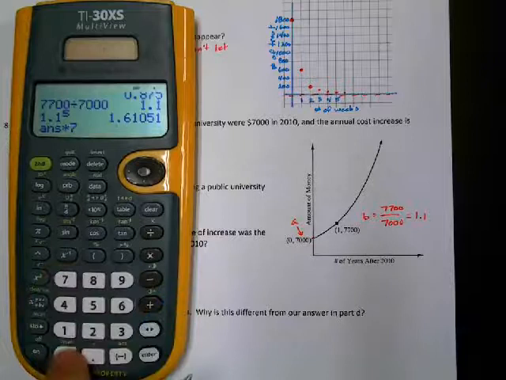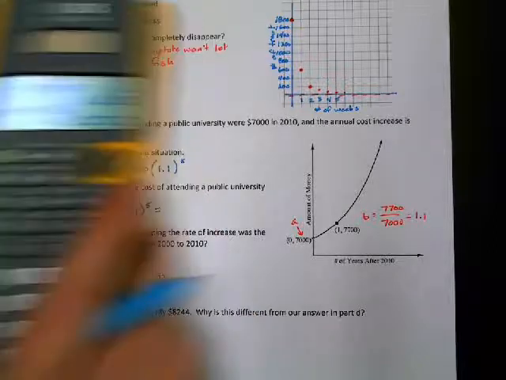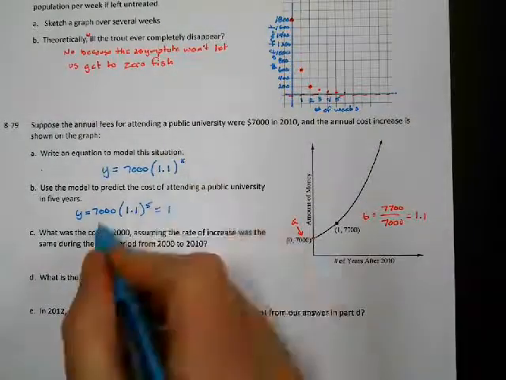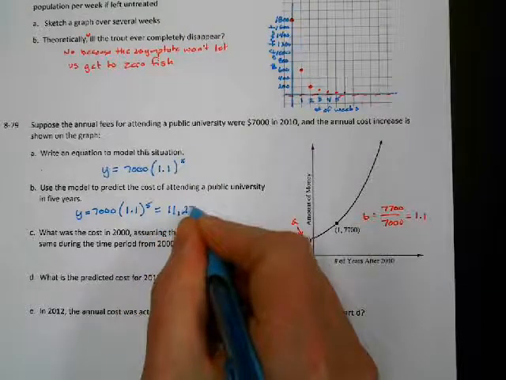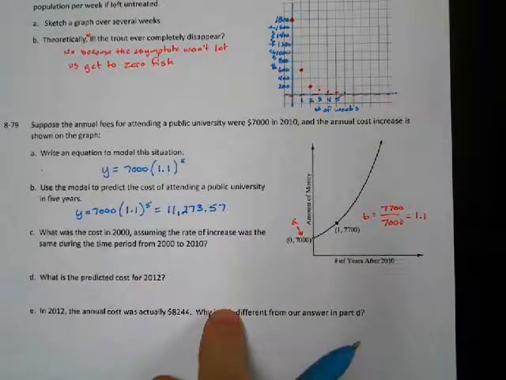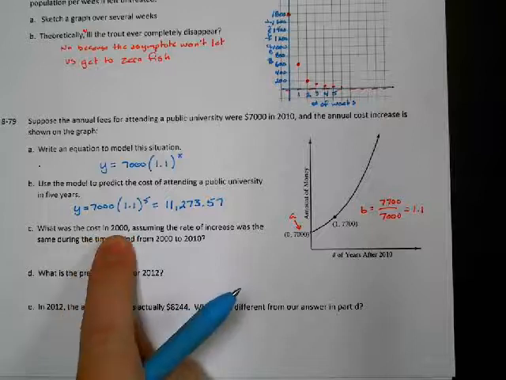And we get $11,273.57. So in 5 years, we went from 7,000 to 11,273.57.